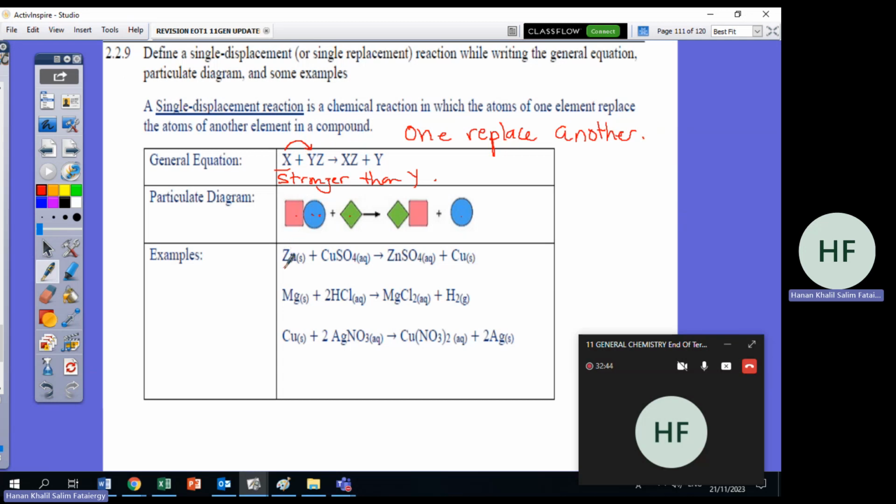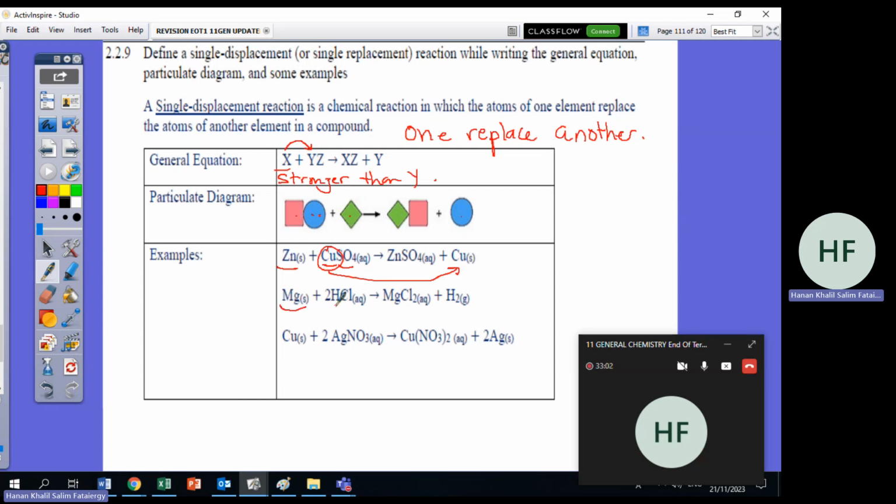For example, what happened here? I have Zn alone and Cu as a friend with SO4. Zn kicked Cu out, now Cu is out, and Zn made friends with SO4. Let's see here.